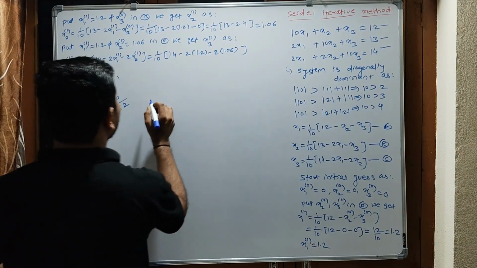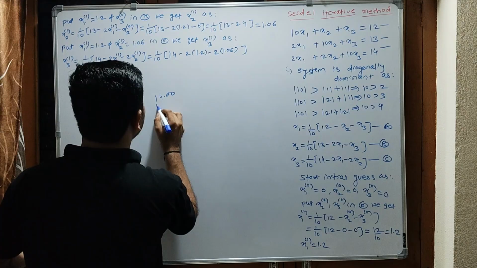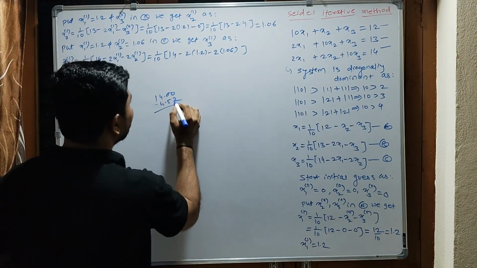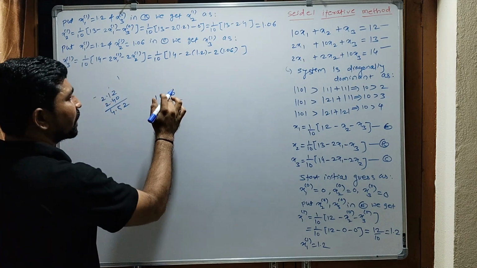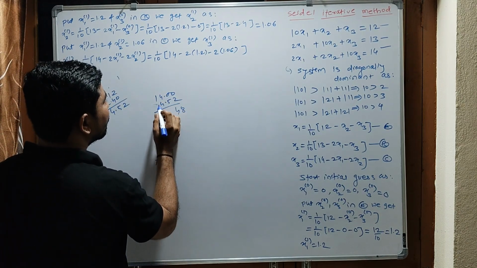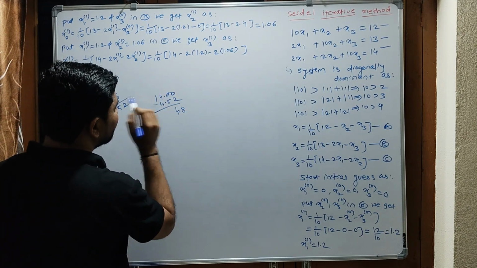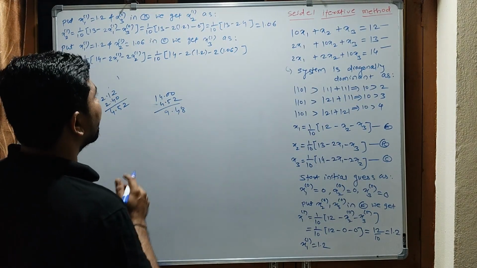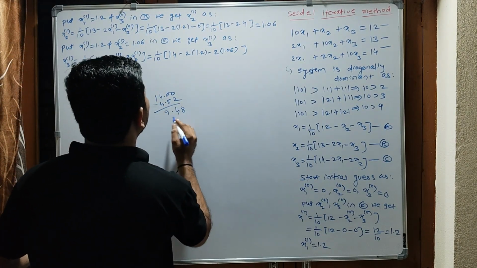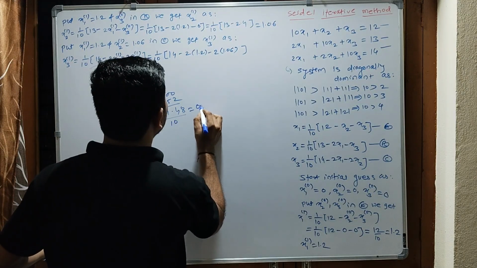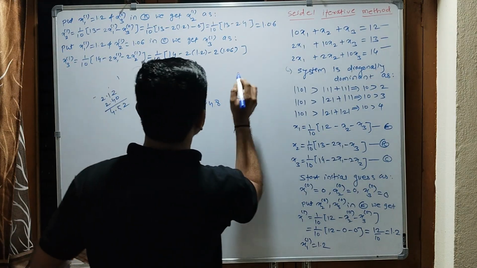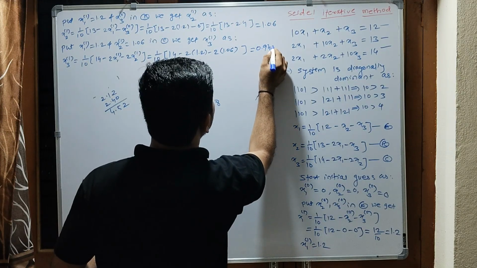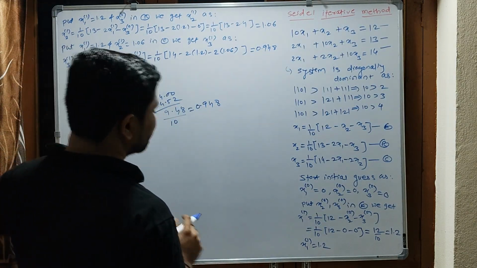So 14 minus 4.52 is 9.48. 9.48 whole divided by 10 which is equal to 0.948. So we just calculate this value which is equal to 0.948. So this is my x3 at 1.